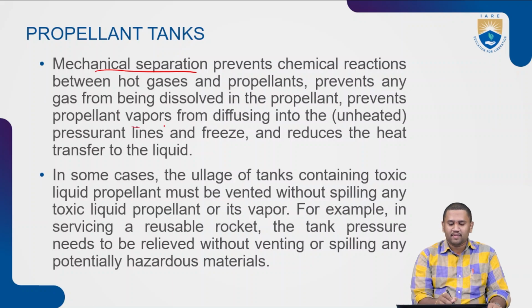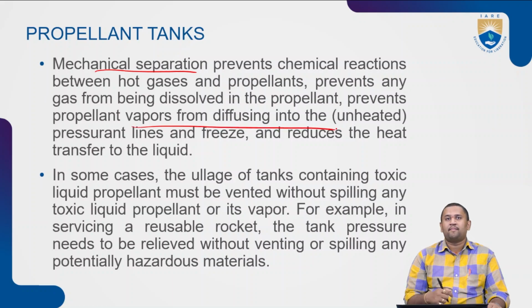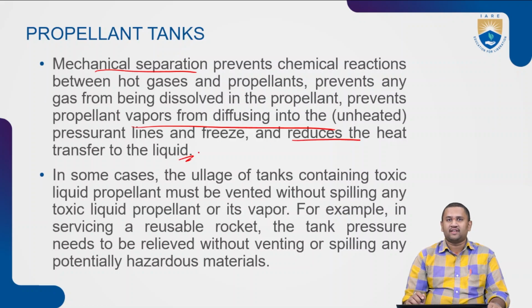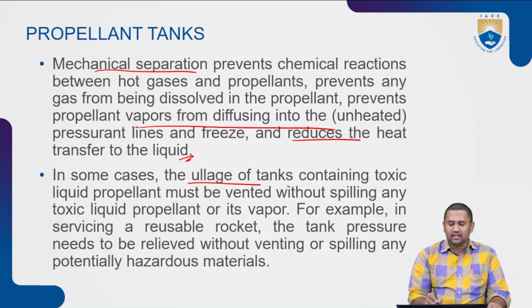It also prevents the propellant vapors from diffusing into the pressurant lines and freezing, which reduces the heat transfer to the liquid. In some cases, the ullage of the tank containing toxic liquid propellant must be vented out without spilling any toxic liquid propellant or its vapor.